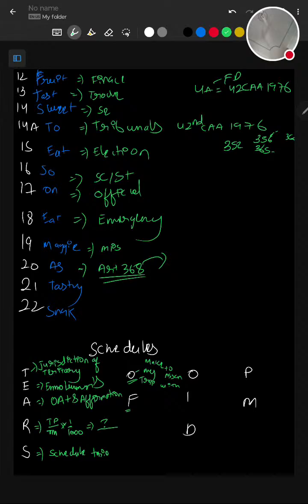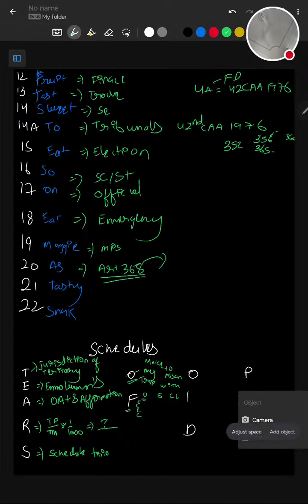Then F is your power division between the union, the state, and the concurrent list. So union is the main things like nuclear power, army, your railways, banking, the whole thing which is for everybody in the country, which cannot be only controlled by a particular state. Like the whole country had to work on it to improve it and do good on that.